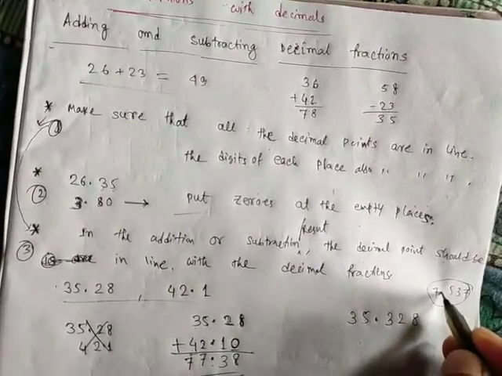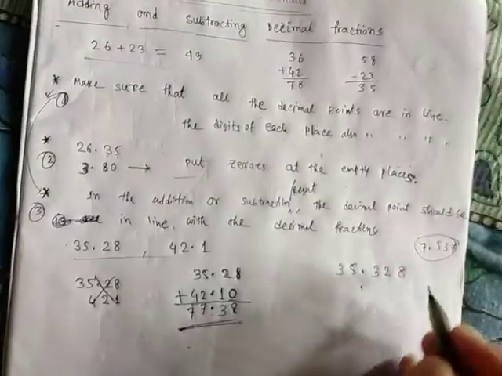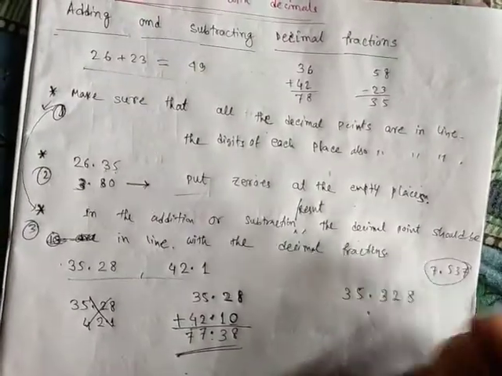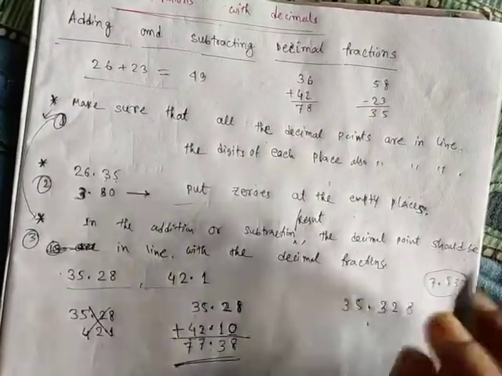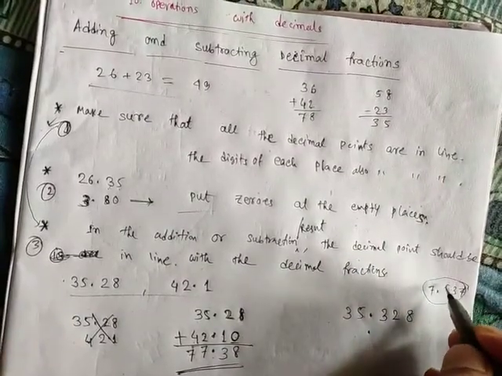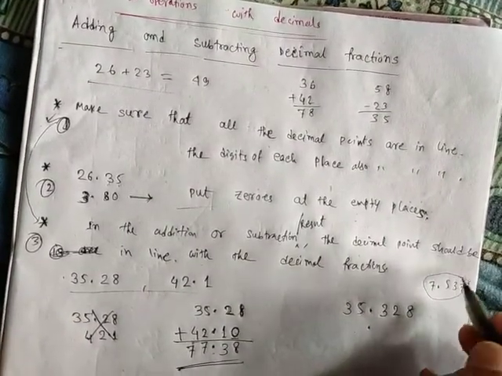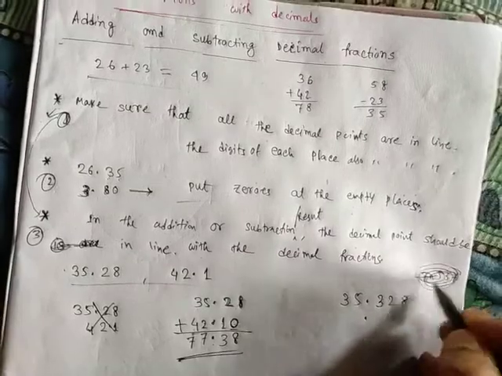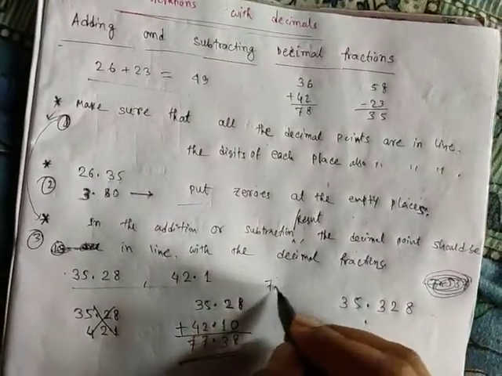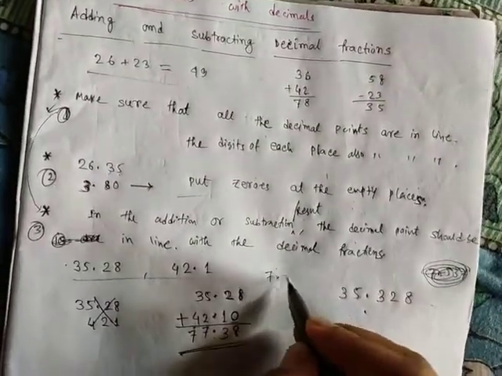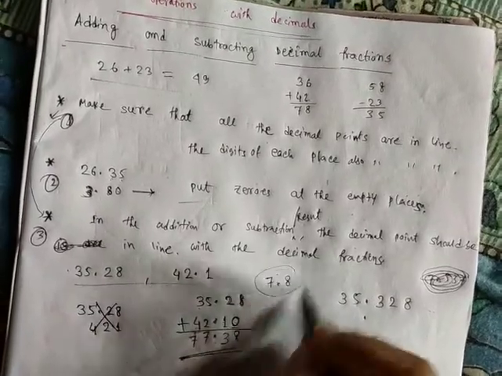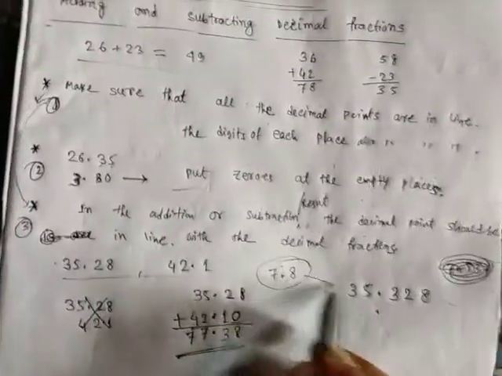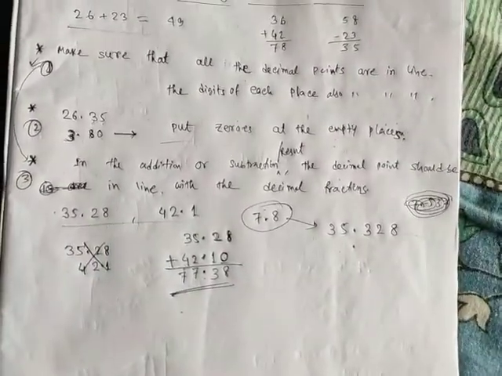So these decimal points should be in line with this. No, the number is 7.8 only. Add these two numbers.